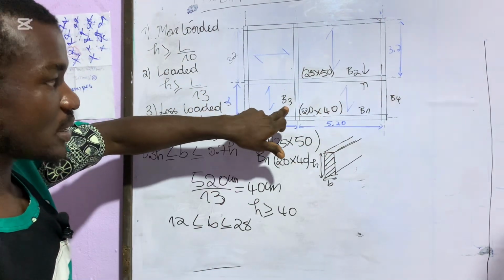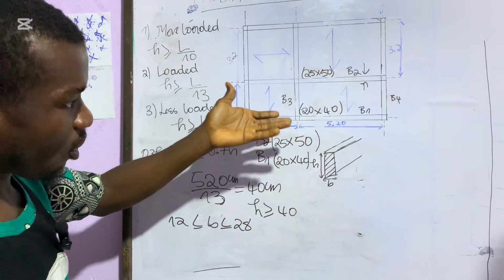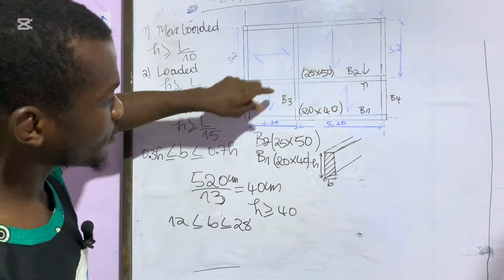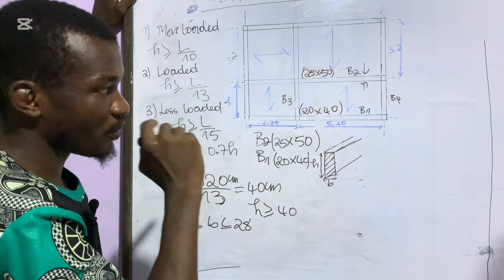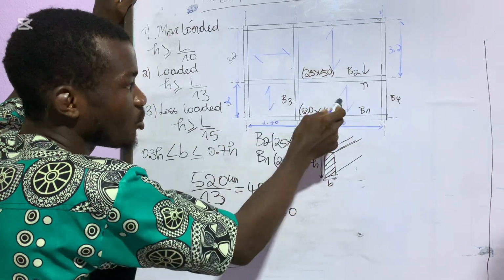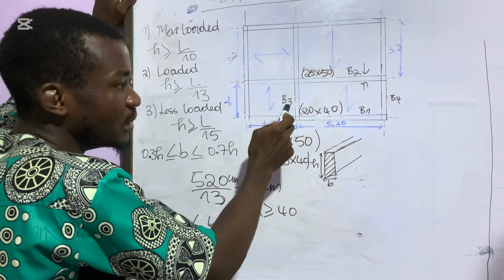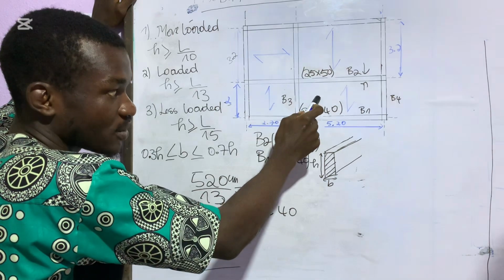Let's take now in this case B3, for example. Is B3 more loaded or less loaded? As you can see, we have this arrow showing the orientation of the ribbon or the transmission of the load. They are both showing that this B3 is not carrying the load of this slab, and also not this other slab.